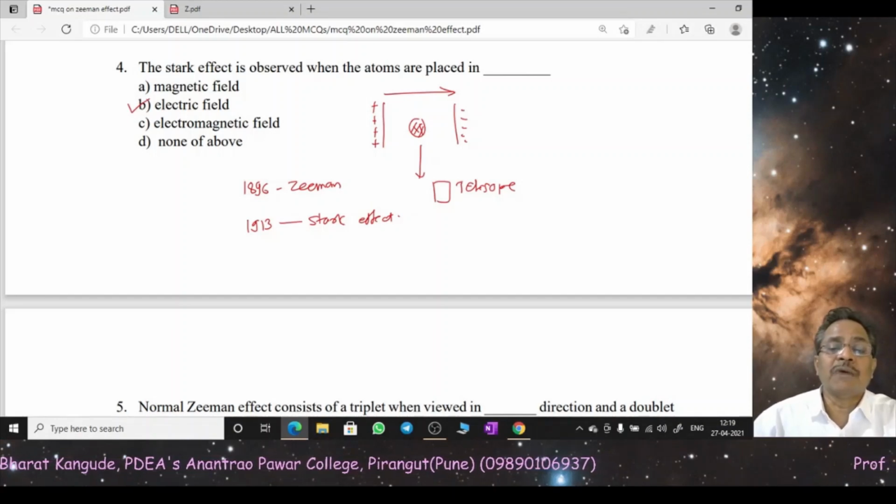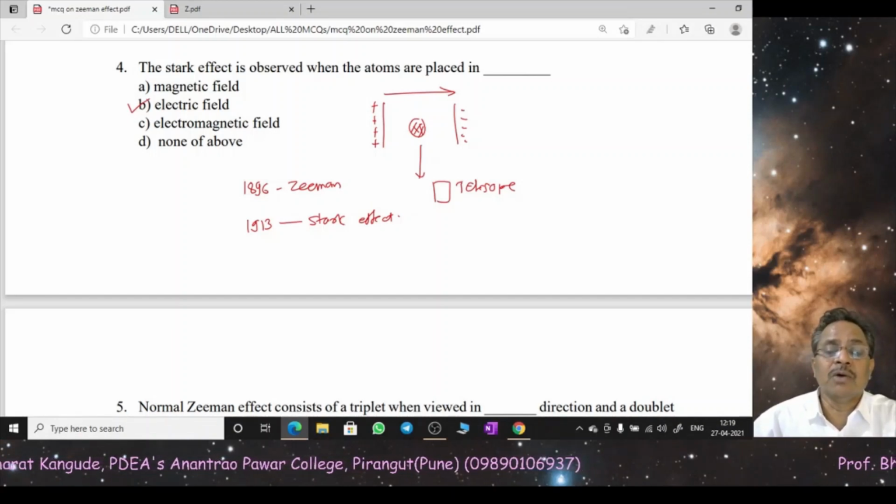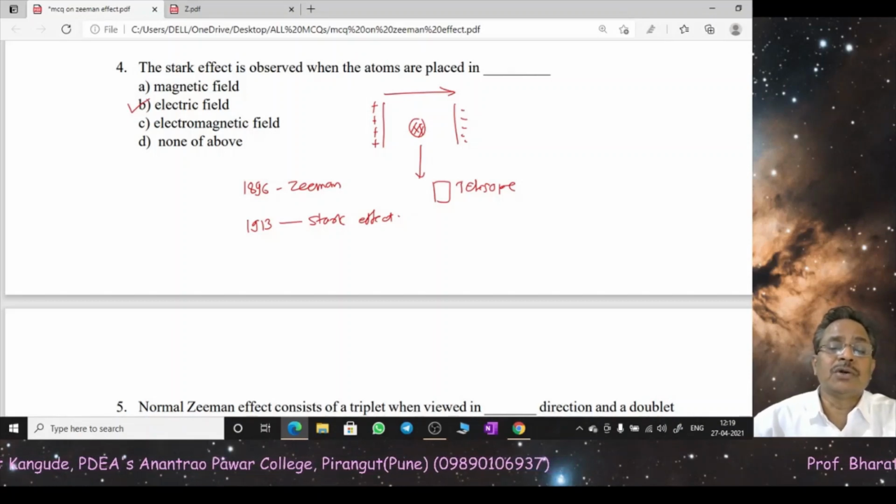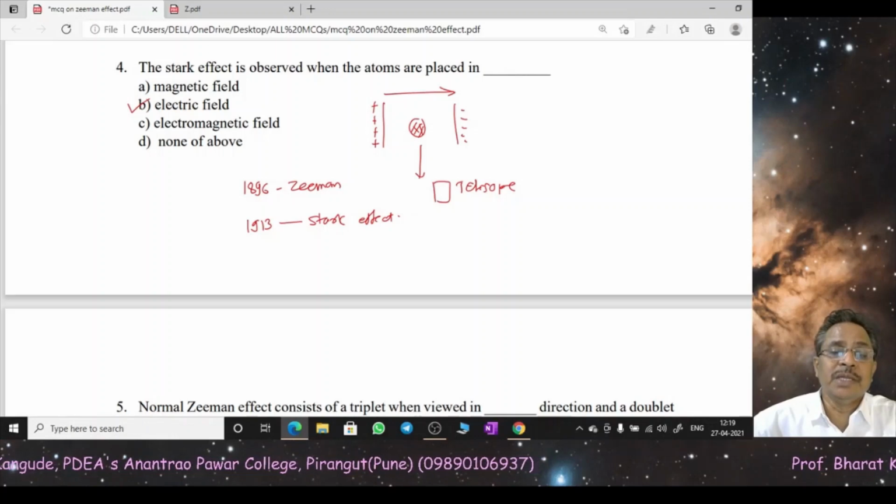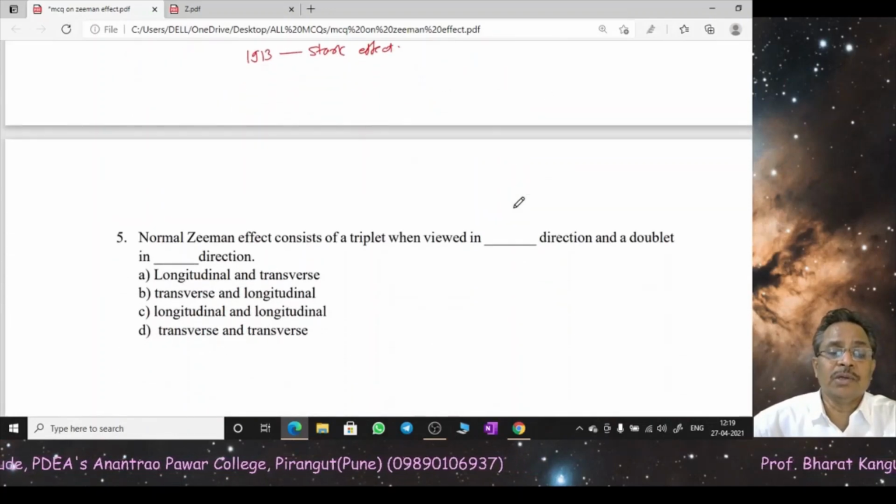That is why the Stark effect was introduced after a long period, later than the Zeeman effect. All of this is interesting to understand.